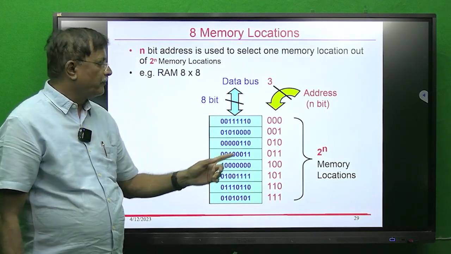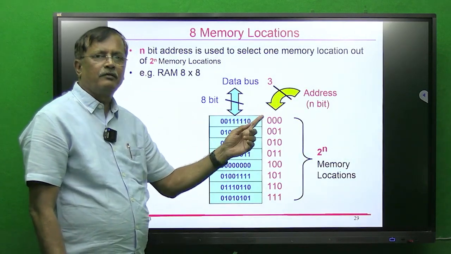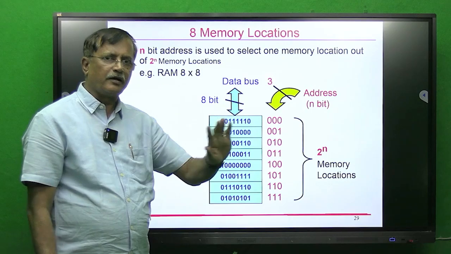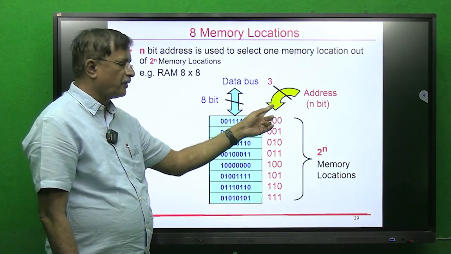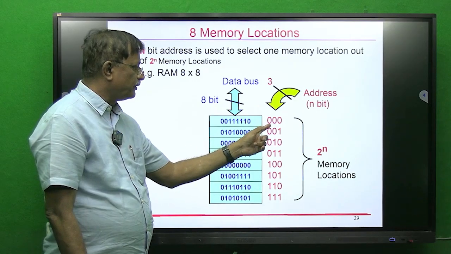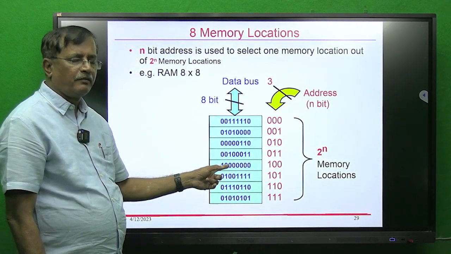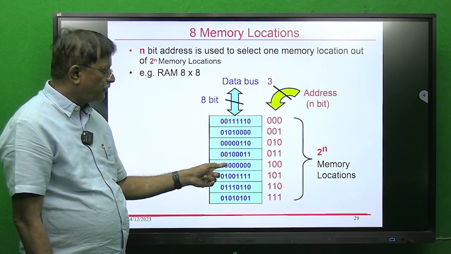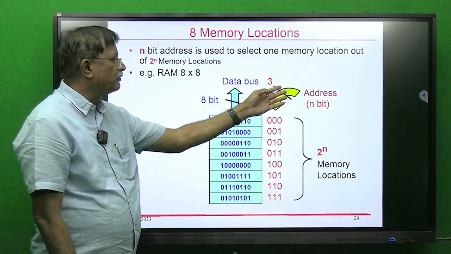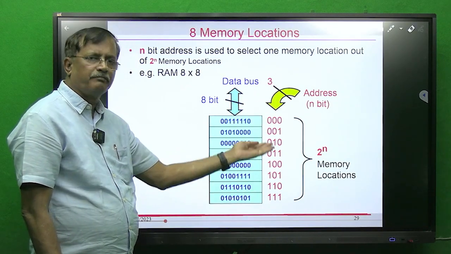Accordingly, the processor has to give the address. There is the address bus, and it is unidirectional. The processor will give the address on the address lines, that address will be decoded, and then a particular location is selected from the memory. Out of 8, one location will be selected, because it will give a 3-bit number to select any one of them.